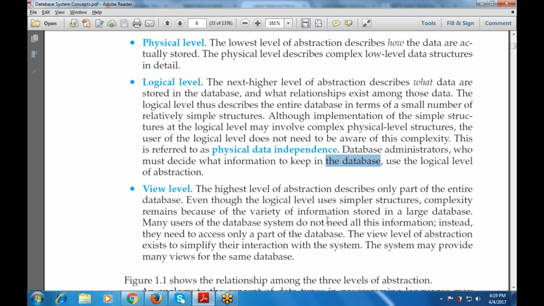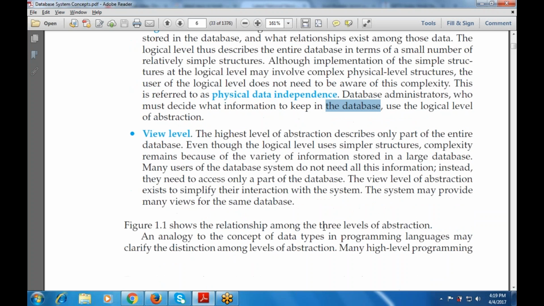Many users of the database system do not need all this information. Instead, they need to access only a part of the database. The view level exists to simplify their interaction with the system. The system may provide many views for the same database.